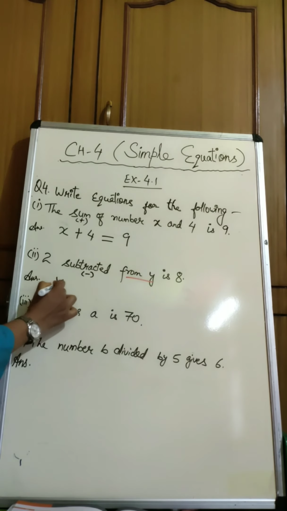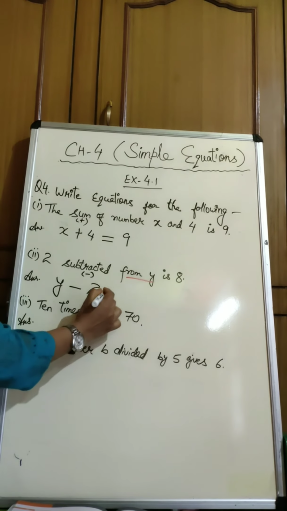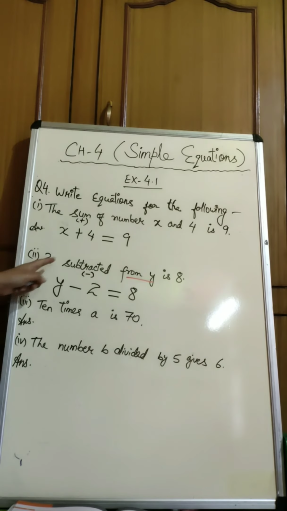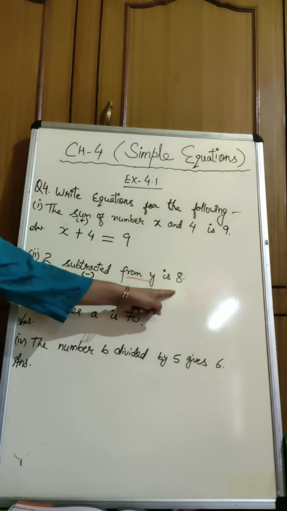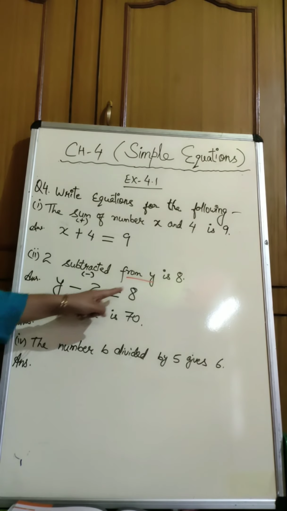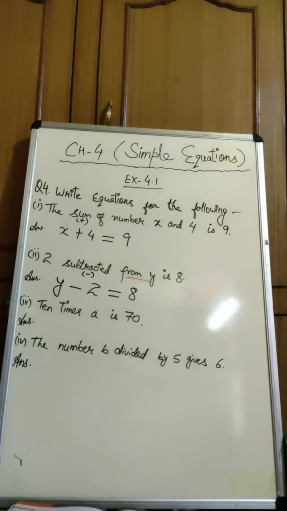So y minus 2 is equal to 8. So 2 subtracted from y is 8 will be written as y minus 2 is equal to 8. Clear?